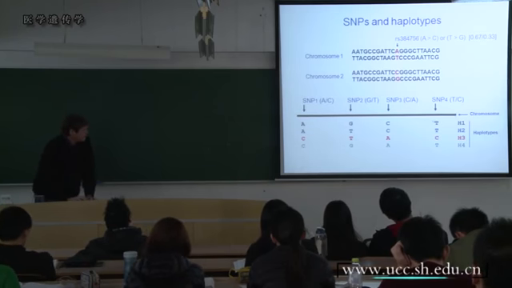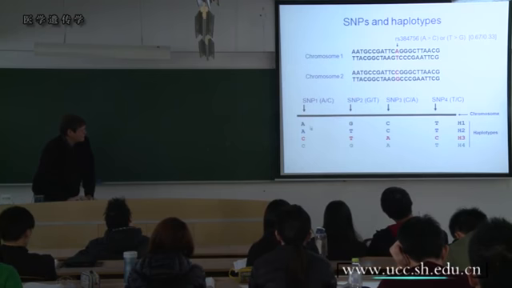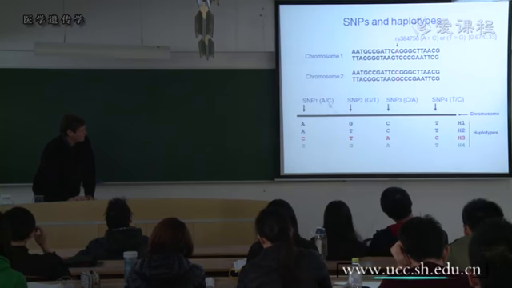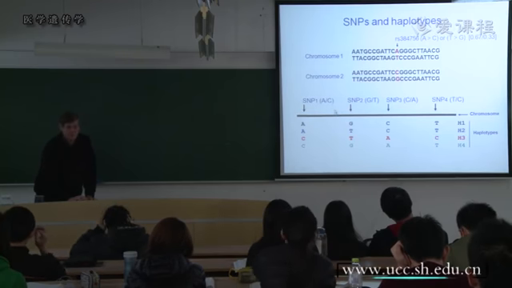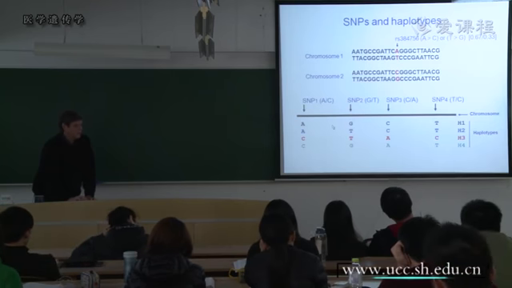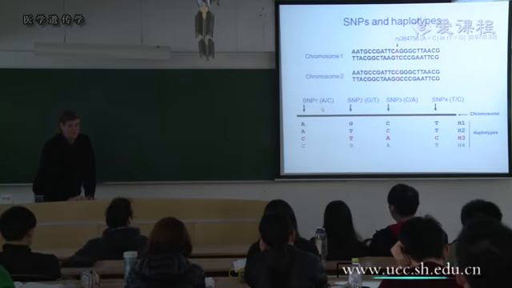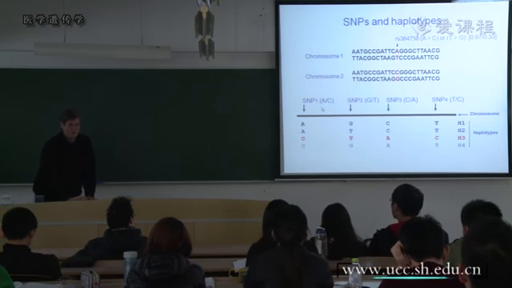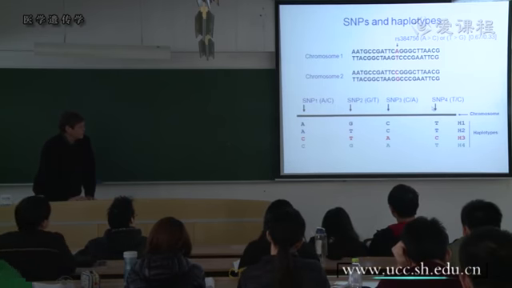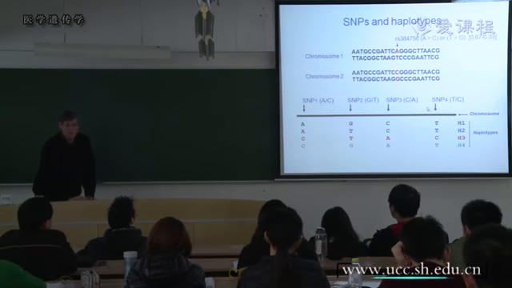In theory, because recombination could take place between any of these SNPs, every possible combination of these alleles could be found. Now it turns out in actuality that there hasn't been enough time during our evolution for recombination to separate every single one of these from each other. So when you look at the number of haplotypes that you find, it's usually fewer than the theoretically possible number.